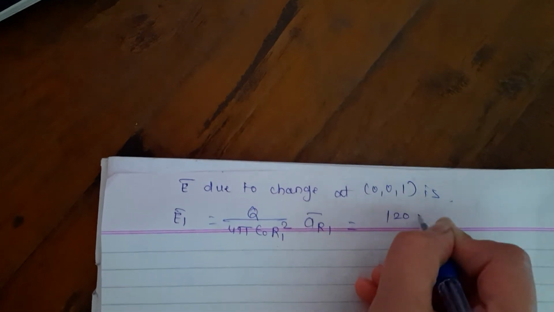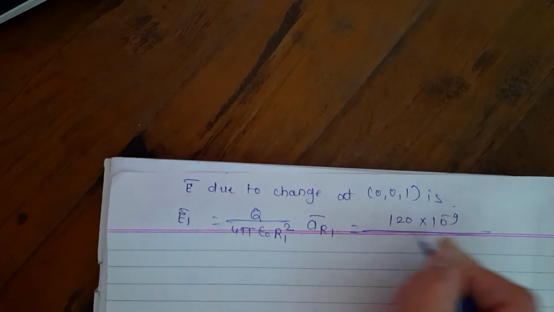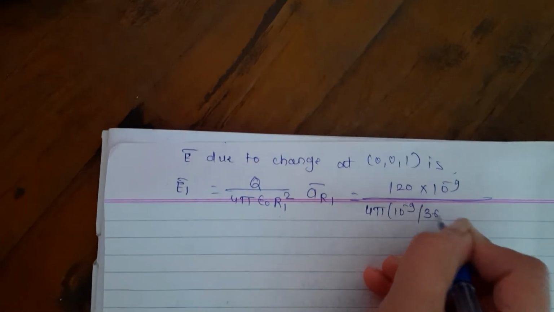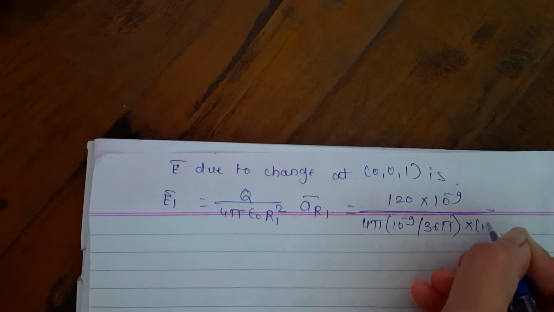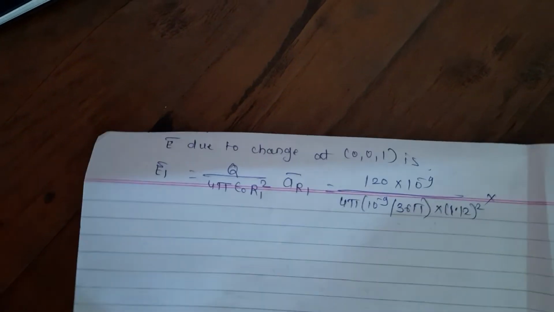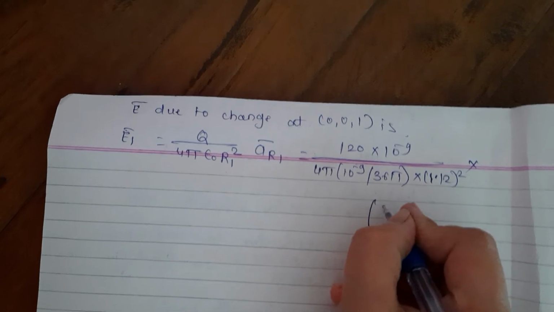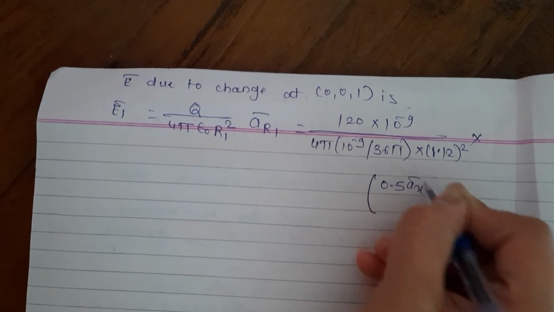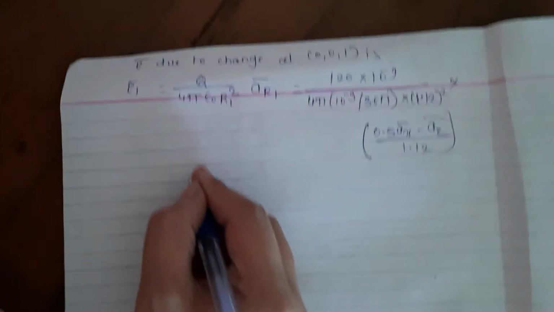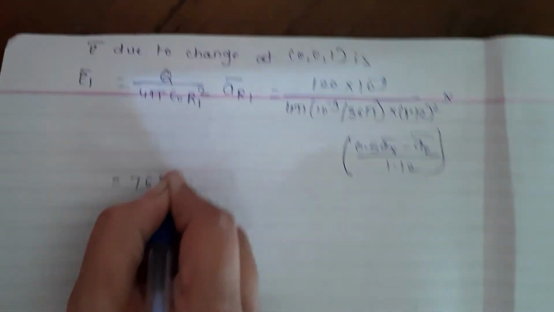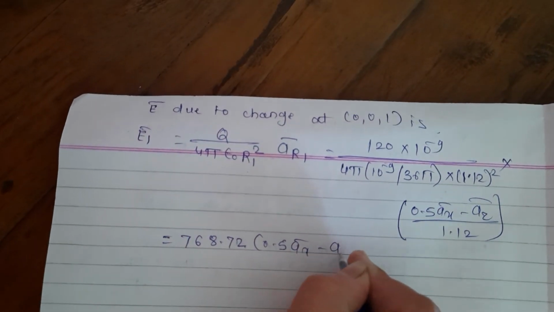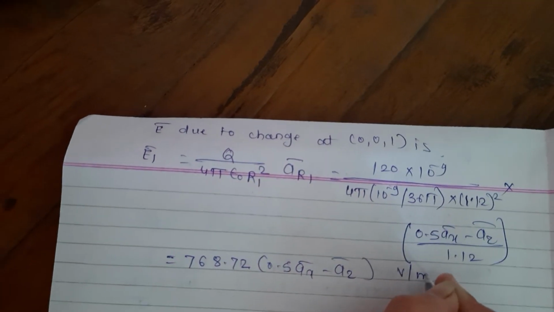So it is 120 into 10 raised to minus 9 divided by 4 pi into 10 raised to minus 9 by 36 pi into 1.12 square multiply by unit vector. So value of unit vector is 0.5 ax bar minus az bar divided by 1.12. So we solve this and we get the answer 768.72 into 0.5 ax bar minus az bar volt per meter.